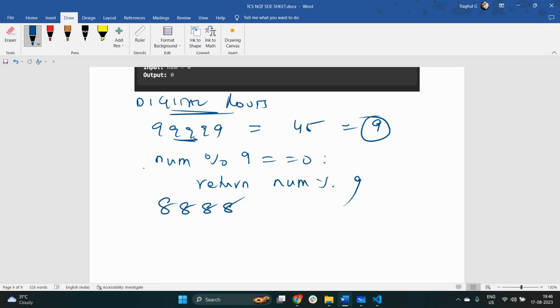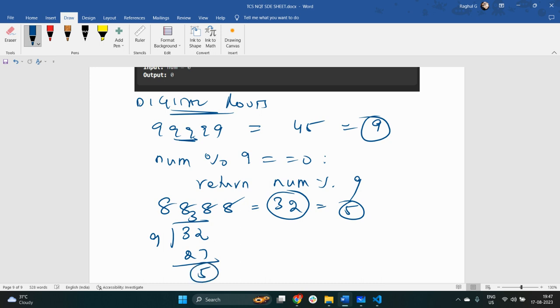Let me take 48. That is 12, and then 3, which is going to give me the answer 5. So 3 plus 2, 5. Let's take another series. Now the number is not divisible by 9, but when I divide the number by 9, I get 5 as a remainder.